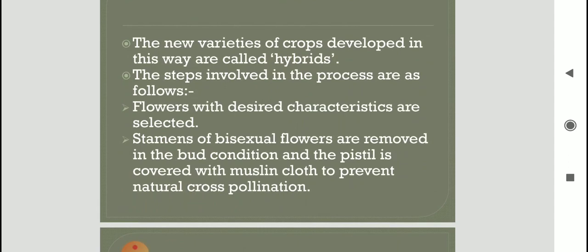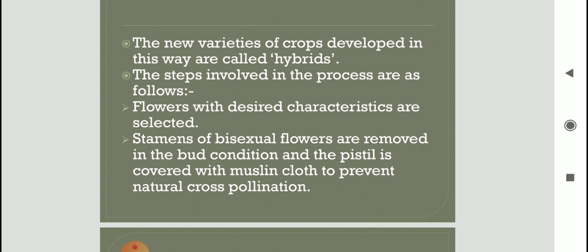What are the different steps involved in artificial pollination? First step is flowers with desired characteristics are selected. Okay, so the characteristic that we have chosen is the flower, the color of the flower or its characteristics. So flowers with the desired characteristics are selected. The reproductive part you have got.